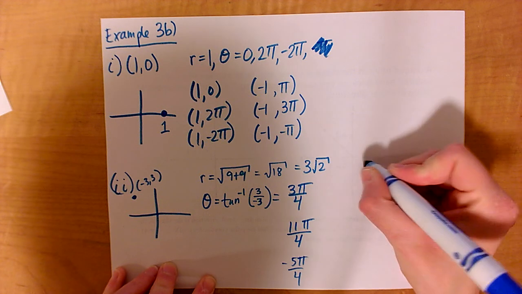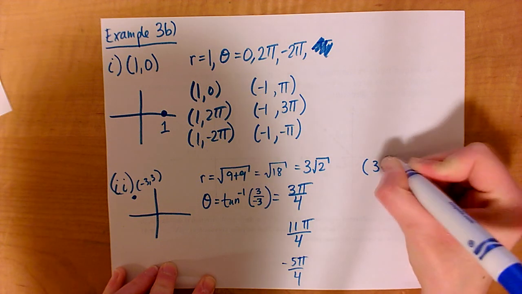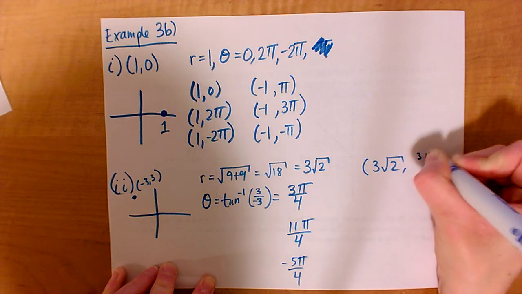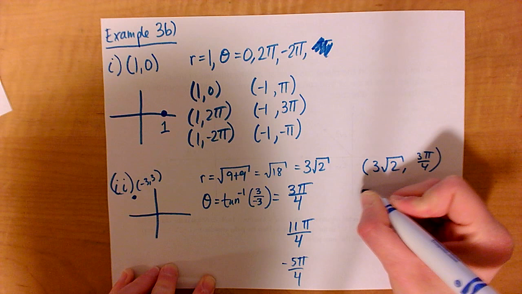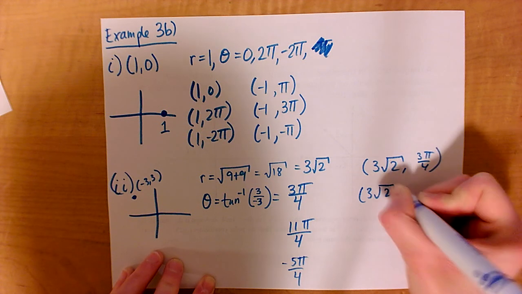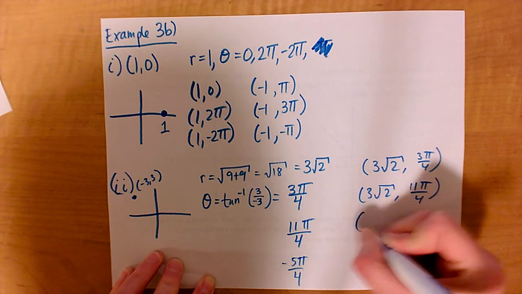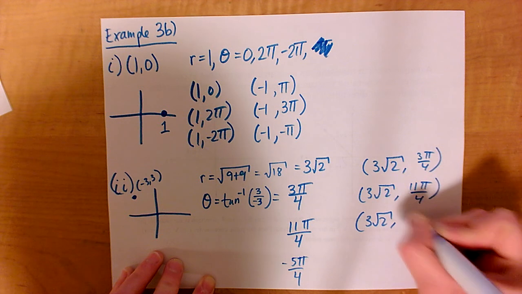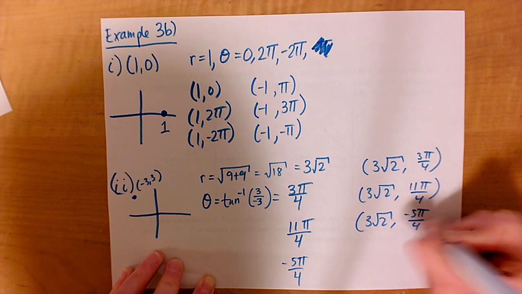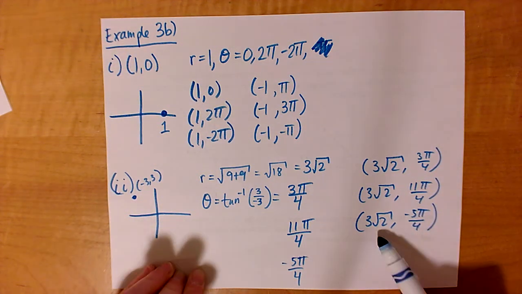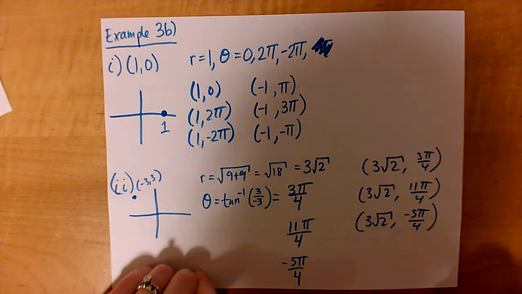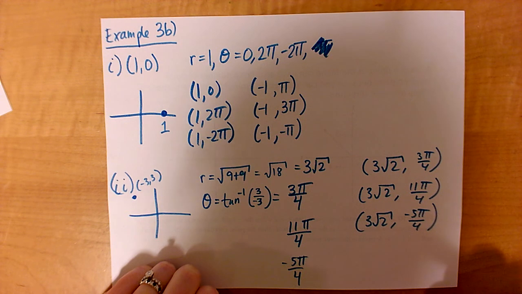So the points that we could make, we could have 3 root 2 comma 3 pi over 4. We could have 3 root 2 comma 11 pi over 4. Or you could have 3 root 2 comma negative 5 pi over 4. And if you wanted to use a negative radius, you would just flip your angle.